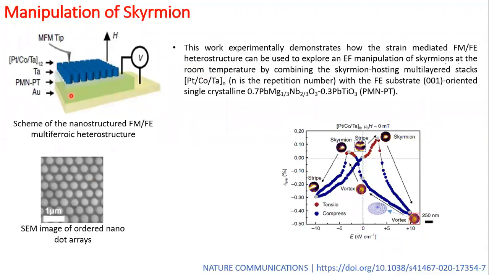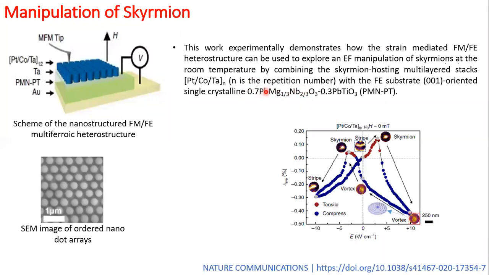Now, the substrate. For the substrate, we use this type of material. The Mg 1/3 and Nb 2/3 means when you have 1 gram of MgNb, that is the magnesium niobium, in the 1 gram, 1/3 will be magnesium and 2/3 will be niobium.